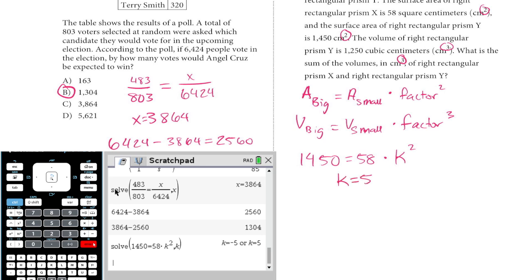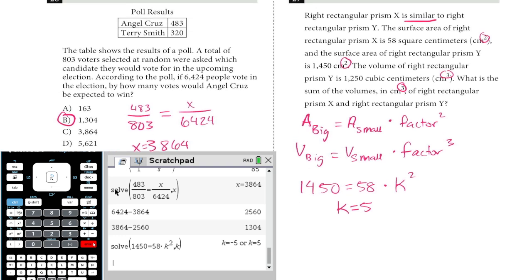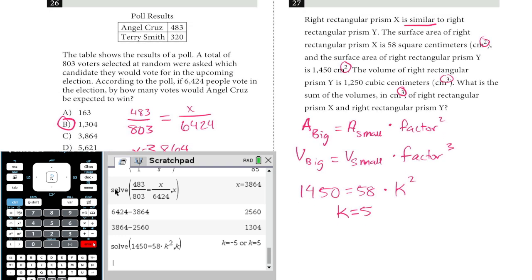Now, the reason why that is helpful is because we want to figure out the sum of the volumes. So we're going to use that factor that we just found to find the volume of rectangular prism X. So we know the volume of Y, which is the bigger shape, and we know that because the area of Y was bigger. So that means the volume of Y is probably going to be the bigger of the two.